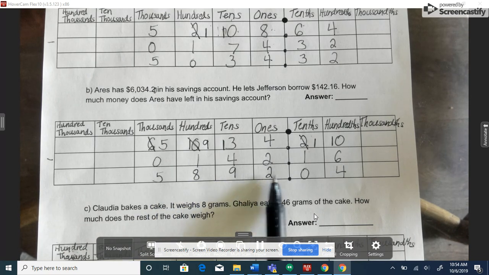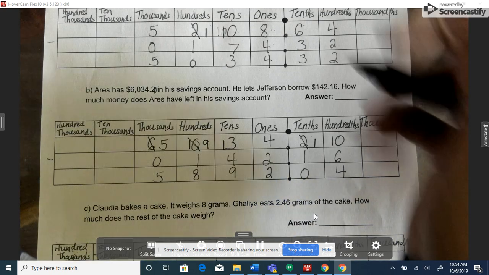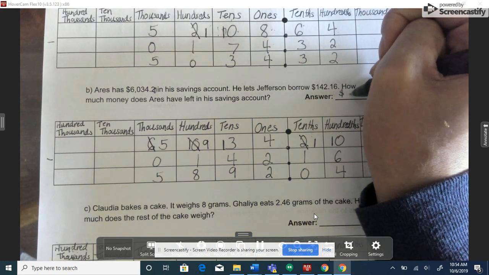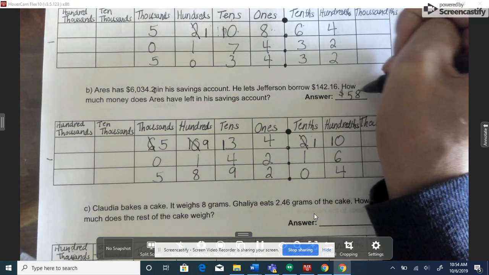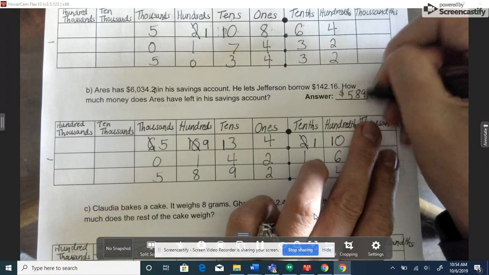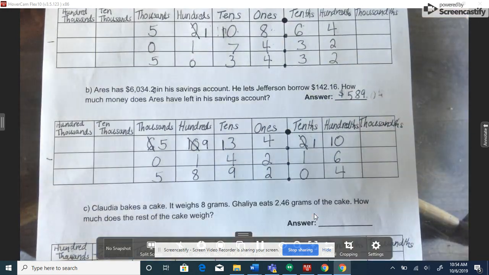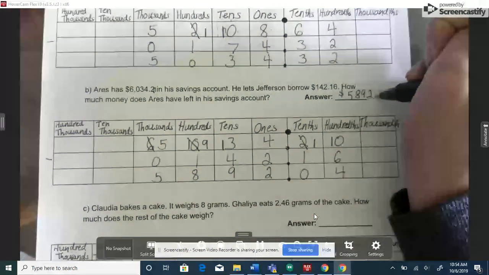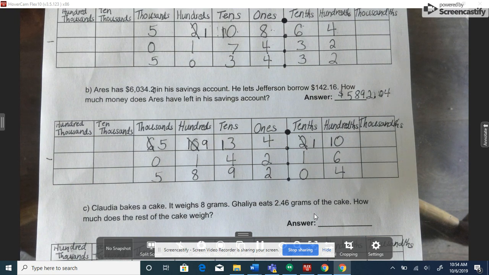Very good. So we have $5,892.04 left in his bank account. Remember to put that dollar sign first. Forgot my 2 ones. Excellent. Last one.